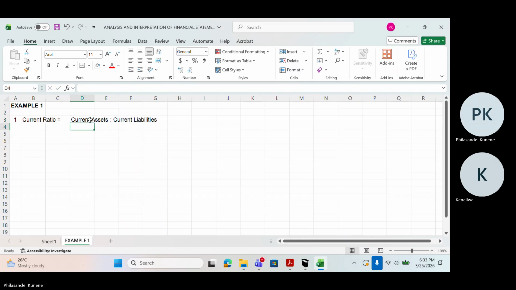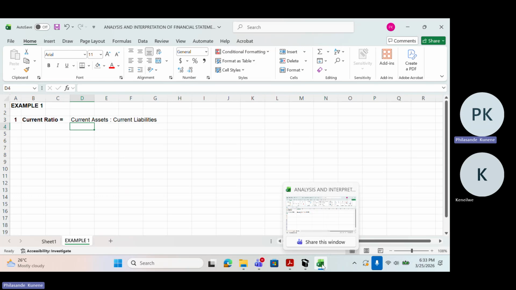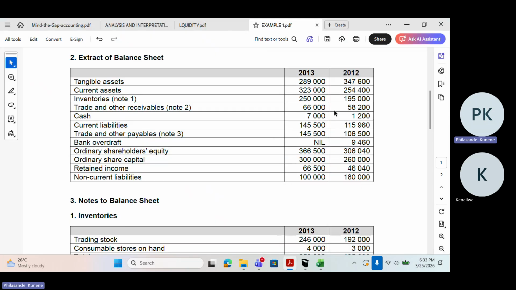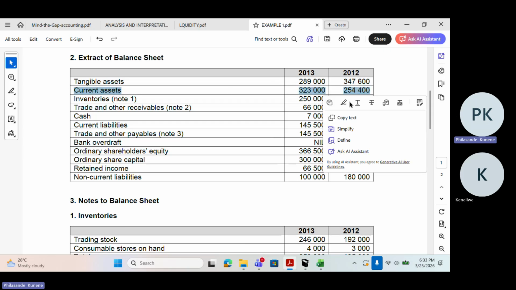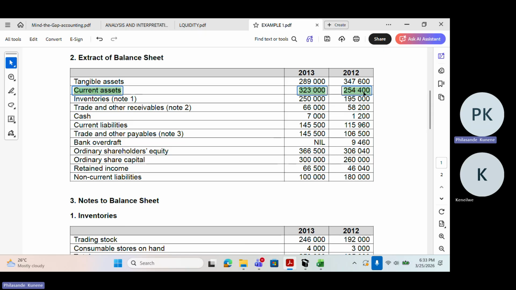Now, how much is our current asset? From the information provided to us, looking at the tangible assets and then the current assets, we have 323,000 in the current year and 254,400 in the previous year. So we're going to have to do it in both years.